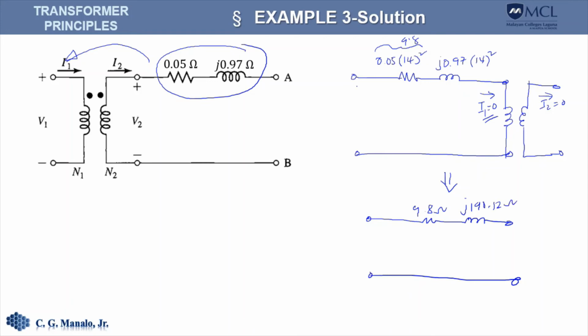So this is B sub 1 here. This is the equivalent circuit of the transformer referred to the primary side.